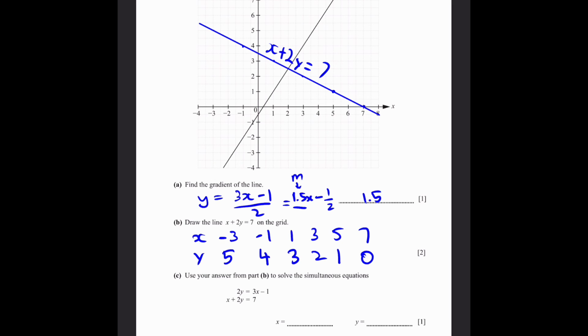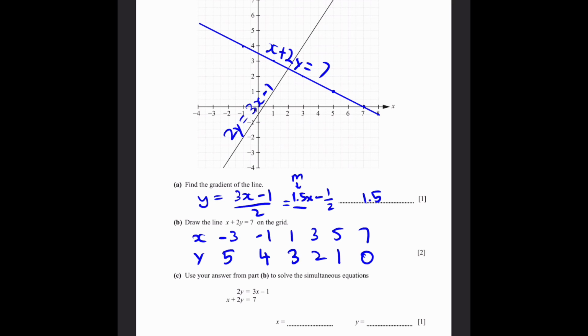C. Use your answer from part B to solve the simultaneous equations 2y equals 3x minus 1 and x plus 2y equals 7. So when you solve simultaneous equations using graphs, we need to see the intersecting point of both the lines. The blue line is x plus 2y equals 7, so the other line is 2y equals 3x minus 1.